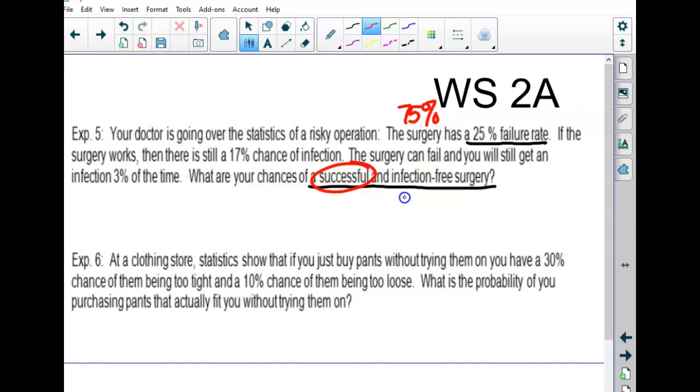If the surgery works, then there's a 17% chance of infection. So we want to be infection free. So that one would become what? 100 minus 17 would be 83% infection free when successful.